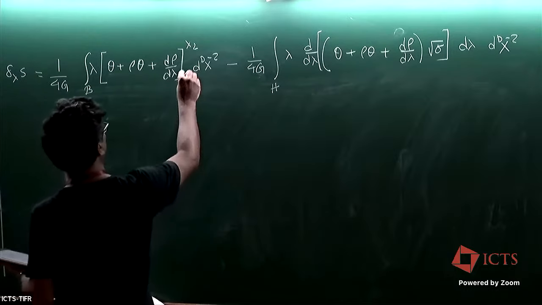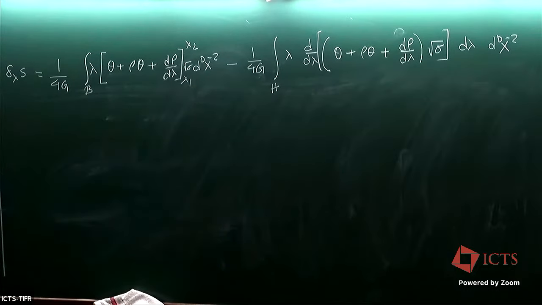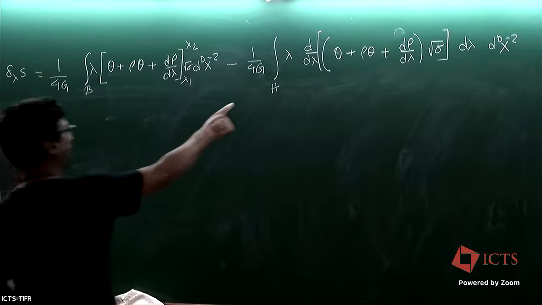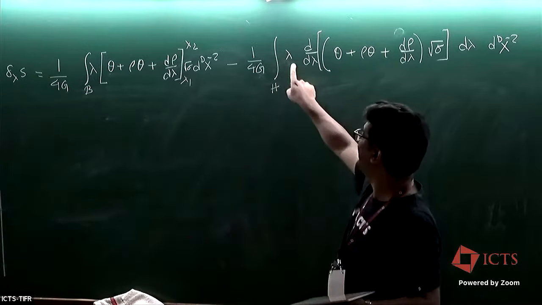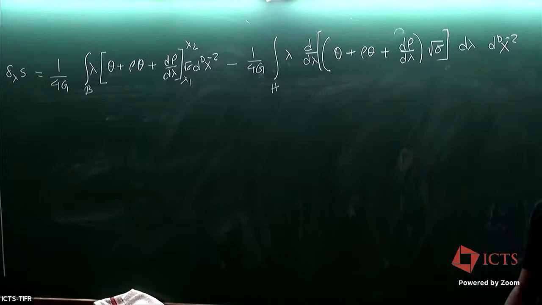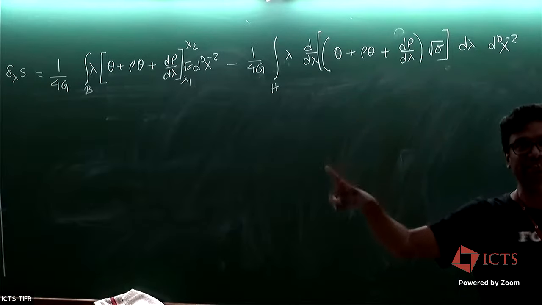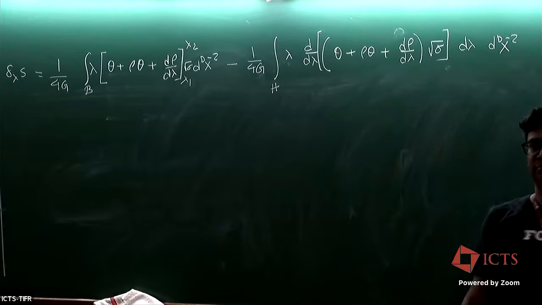Forgive me. Rest of the terms are okay. And then again, the integral of dλ will give you lambda. Then the derivative acts on the second guy, and you get this object. Lambda is the first, and that object in the bracket is the second. Is that clear? I'll come back to this part again.